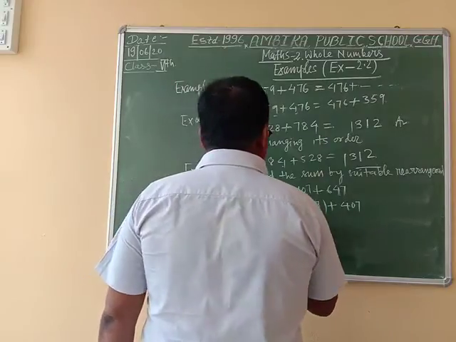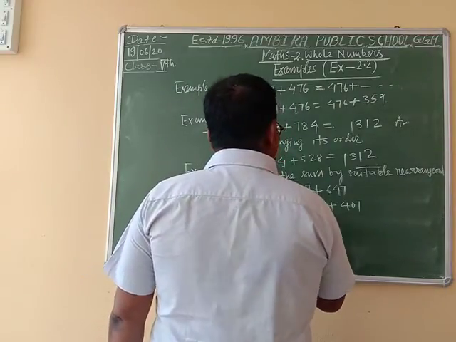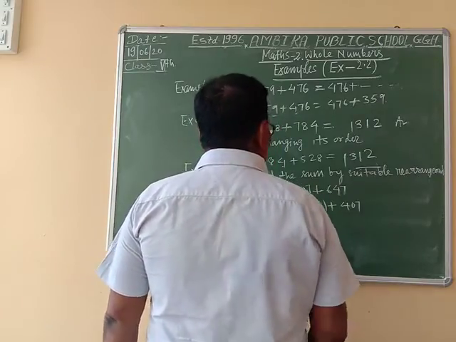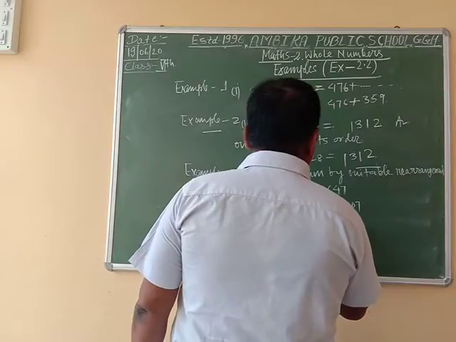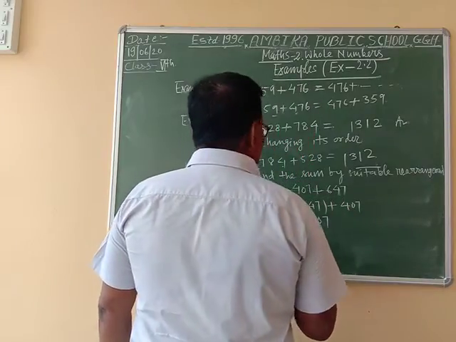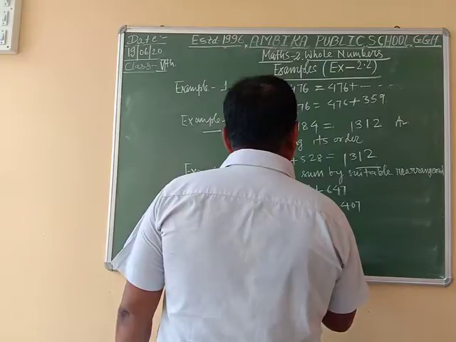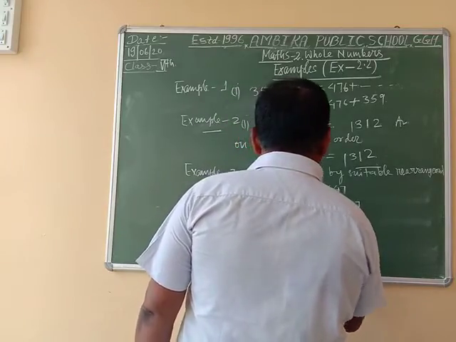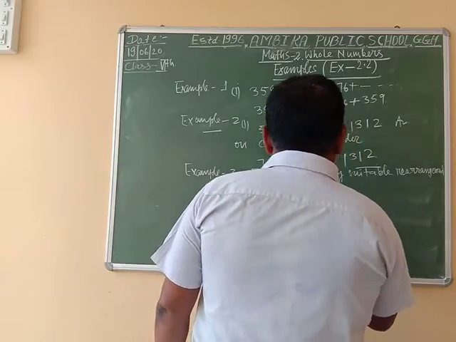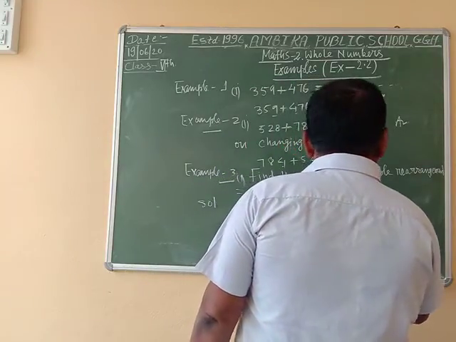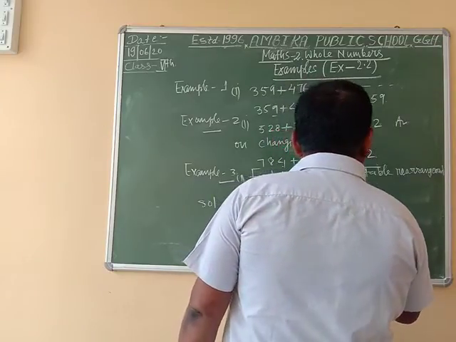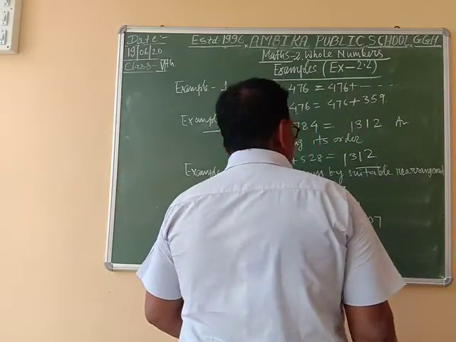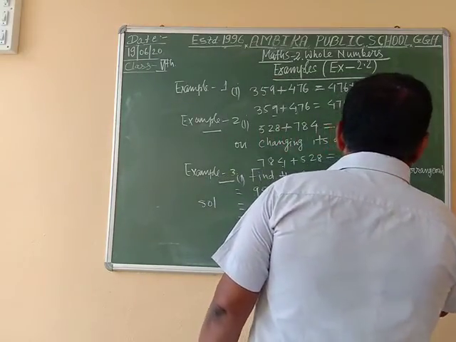Adding, we get 1600 plus 407. Adding, we have 2007, the answer.